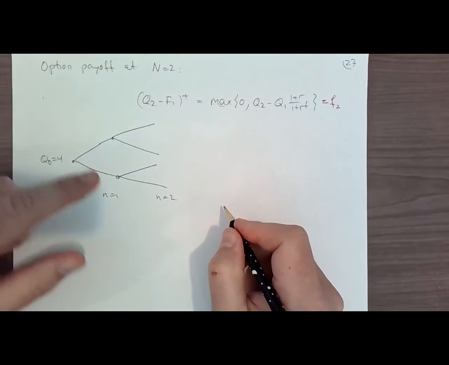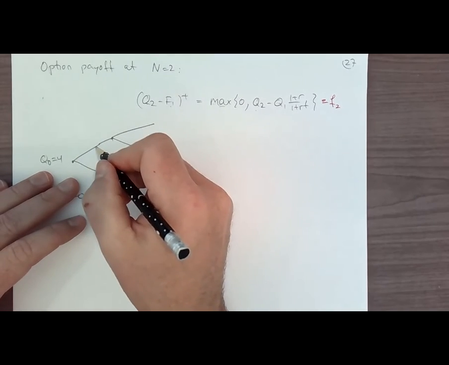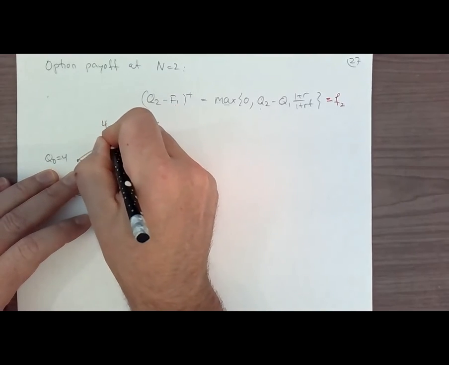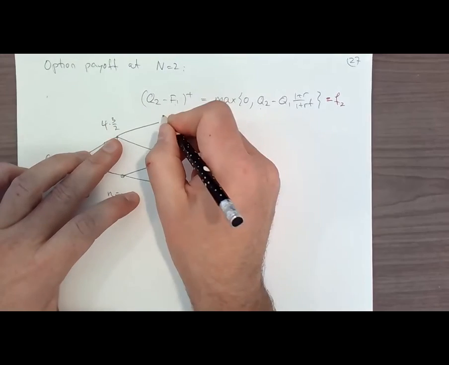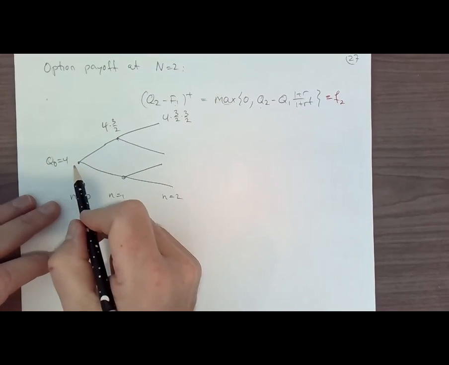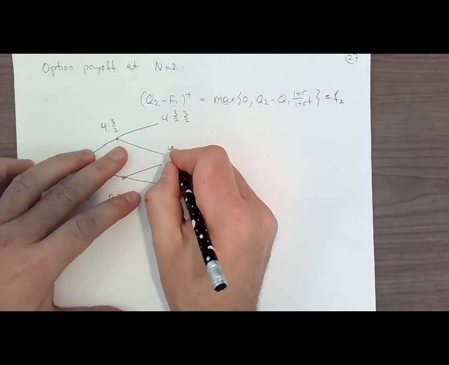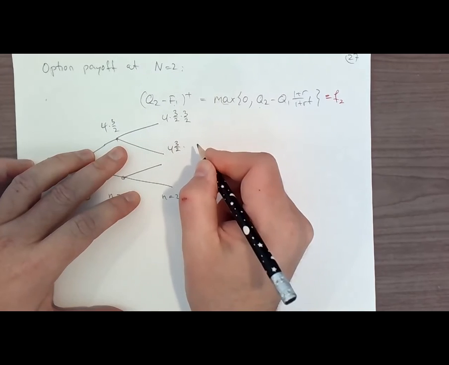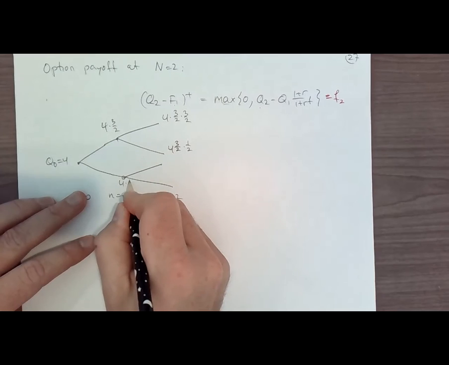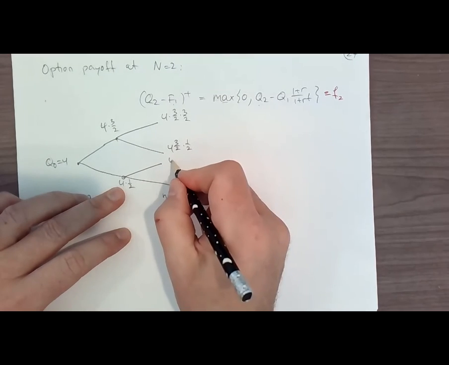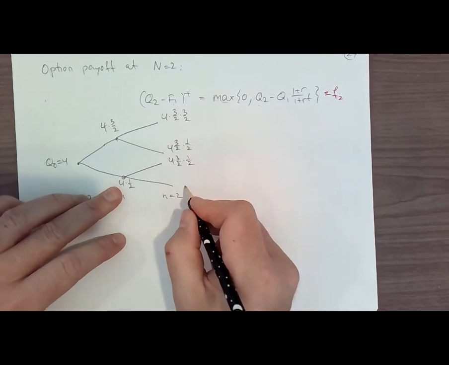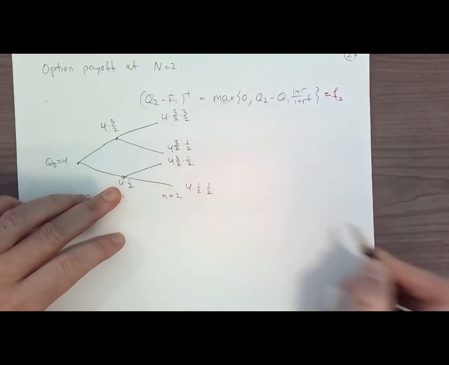And then you can go up and you can go down. If you go up, it's with, was it 3/2? 3/2, so go up to 4 times 3/2, and up again to 4 times 3/2 times 3/2. And likewise, you can go up and then down, so this is 4 times 3/2 and then D was a half, so 4 times 3/2 times a half. If you go down first, it will be 4 times a half, and then up, 4 times a half times 3/2, and then down and down, 4 times a half times a half.